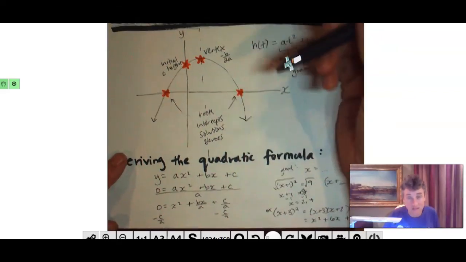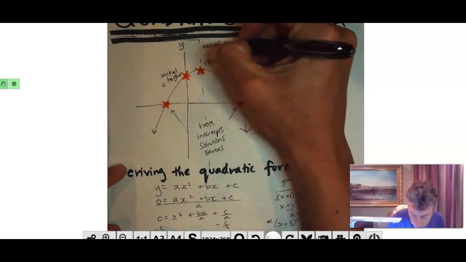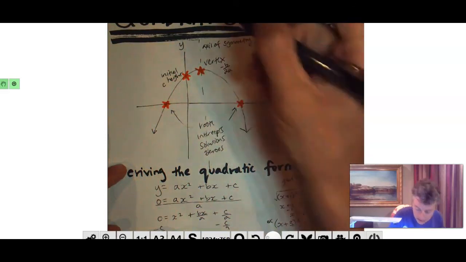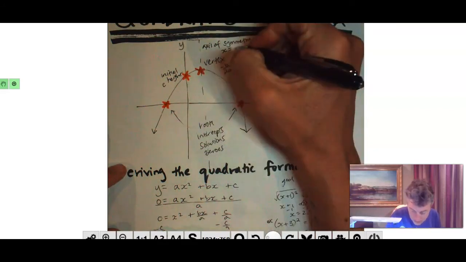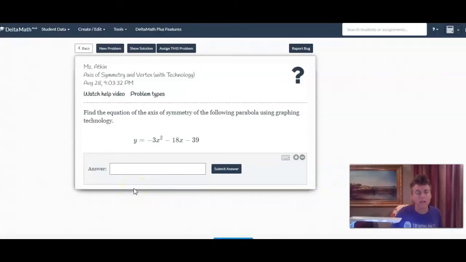So the axis of symmetry is just a vertical line which has an equation x equals something, and that x equals the x coordinate of the vertex, so x equals negative b over 2a. And then we go back over here and we're like, okay, well, a equals negative 3 and b equals negative 18. So we're just looking for x equals negative b over 2a, not even a problem.